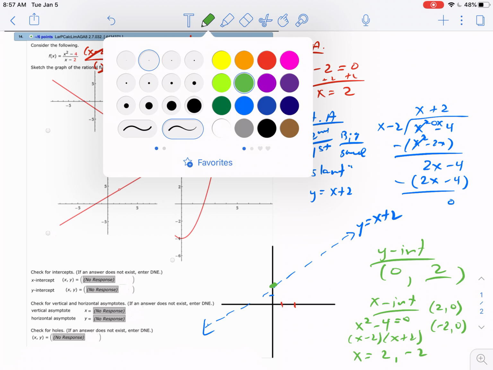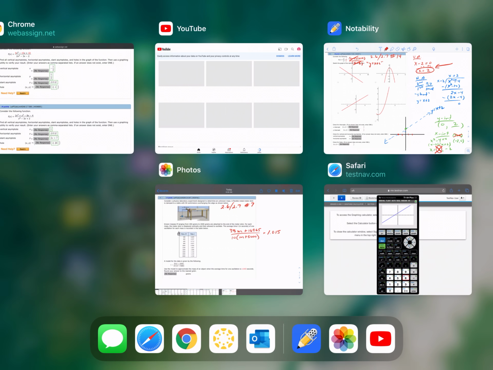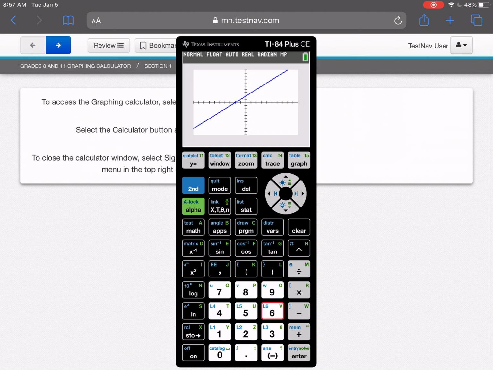However, remember that 2 right up here also makes the bottom 0. So I can't use that one. So this is not an x-intercept. Only the negative 2 is. So go to the left 2 and we're hitting right there. So when you look at the graph, it should make sense why it looks linear now. And you can see the slant asymptote is actually the graph.